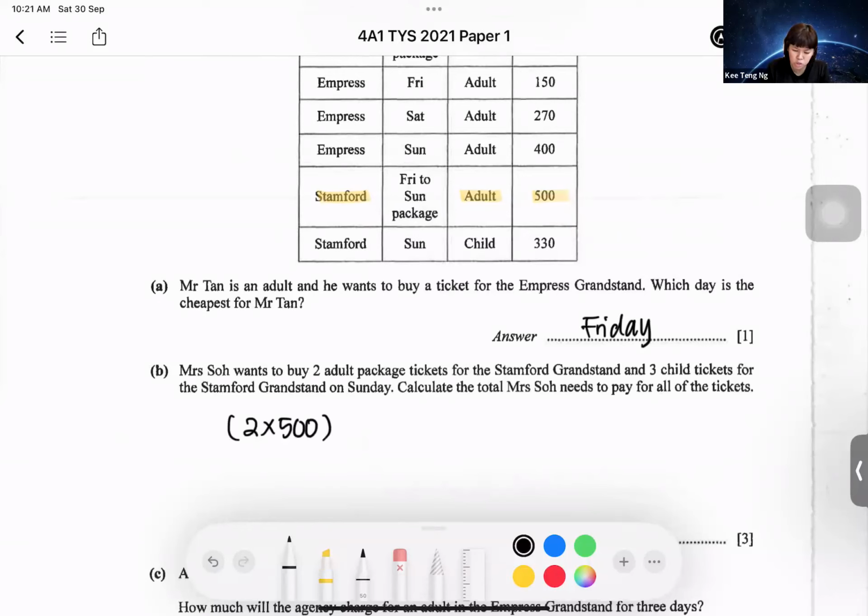Okay, 3 children tickets for Stanford, so 3 children for Stanford on Sunday. So only this one, so plus 3 times 330. Right. Calculate the total that she needs to pay for all the tickets. So in this case, 2 times 500 plus 3 times 330, 1990. Then that will be the answer.